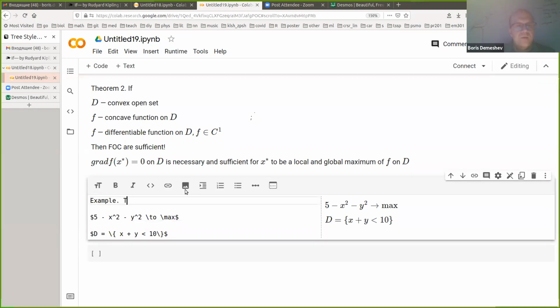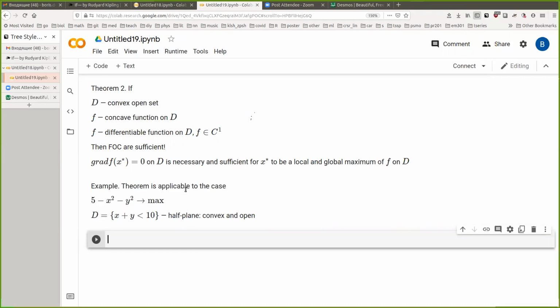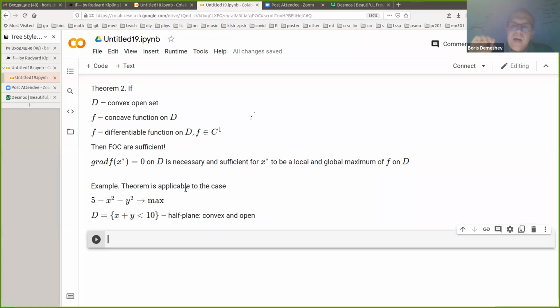Example: the theorem is applicable to this case because this is a half plane, convex and open. Would you please remember what an open set means? An open set means the set does not include its borderline.